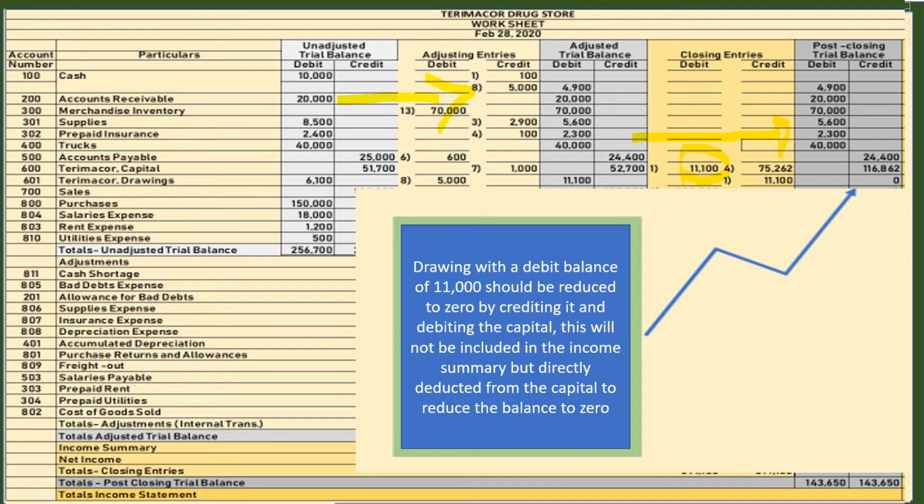So at the end of the period, there will be no more drawing account to be seen in the balance. So drawing is also a nominal account, but it is not part of the income statement. So it is somewhat a real account, because it will go to the capital account.